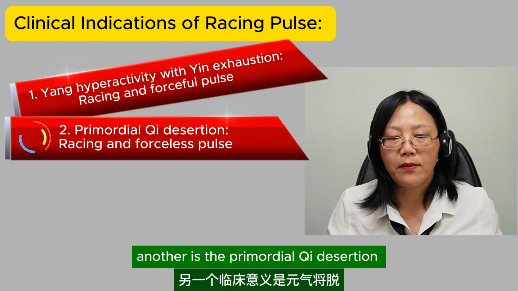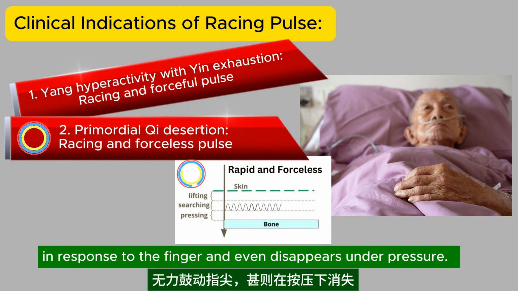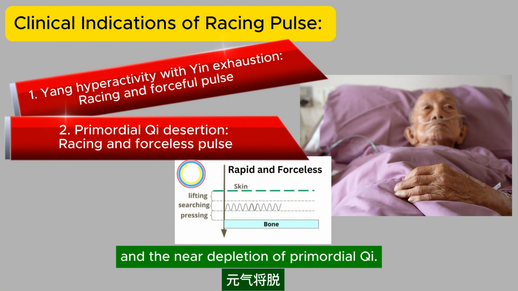Another is the primordial qi desertion. When pressed on, the pulse rate is racing but forceless in response to the finger and even disappears under pressure. This is a sign of the deficient yang outward floating and the near depletion of primordial qi.